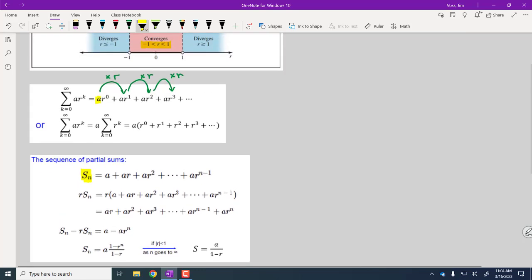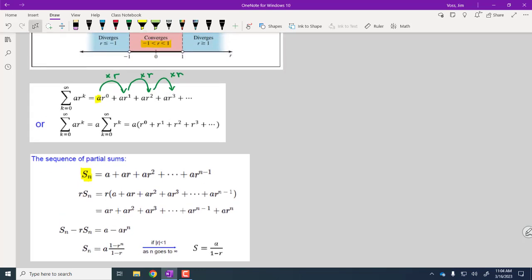But for a geometric series, the counter starts at 0, so the n and the k don't necessarily align. This is the first term, this is the second term, this is the third term. So if we start our counter at 0 and we want n terms, we're going to end it at n minus 1 up here.